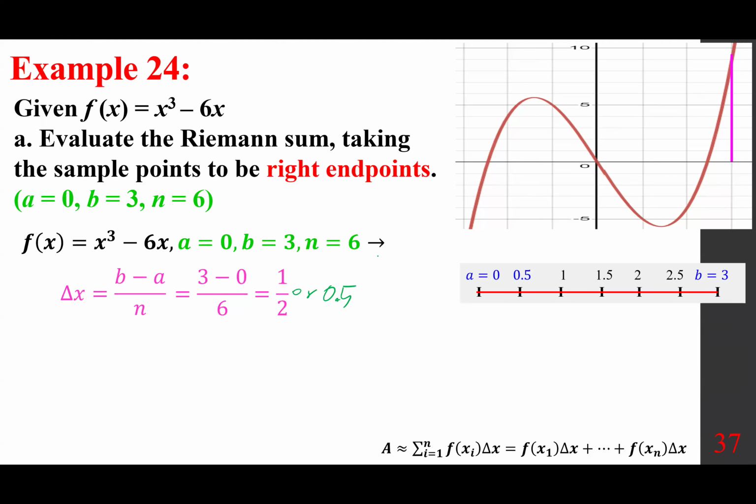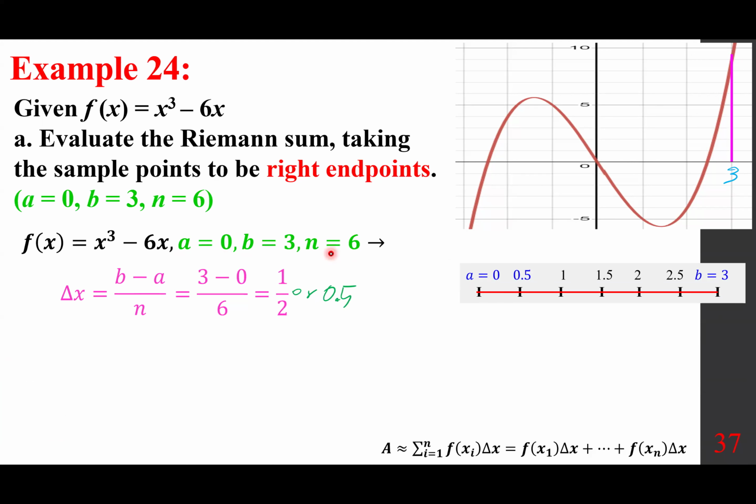Now, the best course of action is to do the following. You want to go from A, which is 0, to B, which is 3. So let me actually write 3 here. You draw a line segment from 0 to 3, and you cut it into whatever n is.